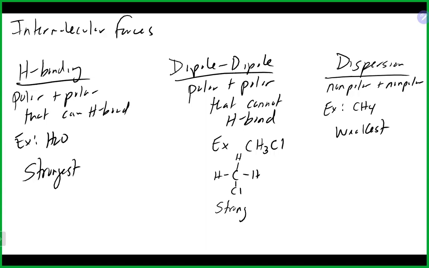Now, in terms of dispersion forces, because it is the weakest type of intermolecular force, the strength of dispersion forces actually increases with molar mass. So the more molar mass something has, if it's using dispersion forces, it will have higher boiling points and melting points, because more molar mass means more electrons, greater opportunity for that interaction to occur.